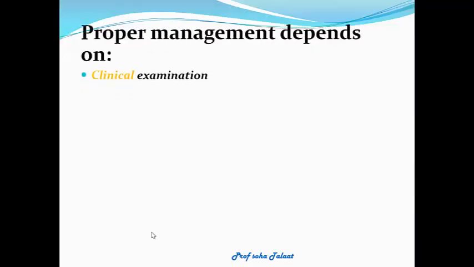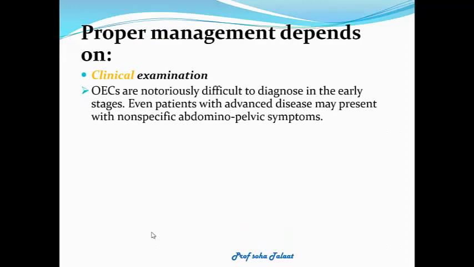Proper management of ovarian cancer depends on the clinical examination. Epithelial, we'll say the classification of ovarian lesions later on, but the most common are the epithelial tumors, and the epithelial tumors are difficult to diagnose in the early stages. Even patients with advanced disease may present with non-specific abdominopelvic symptoms.